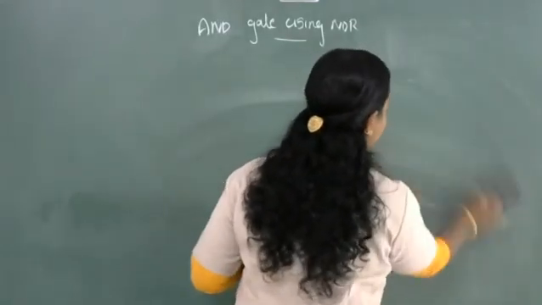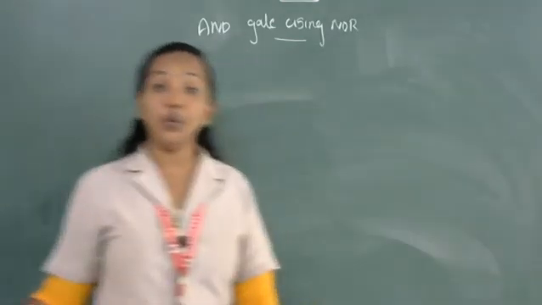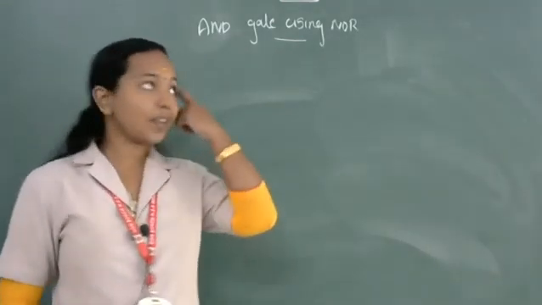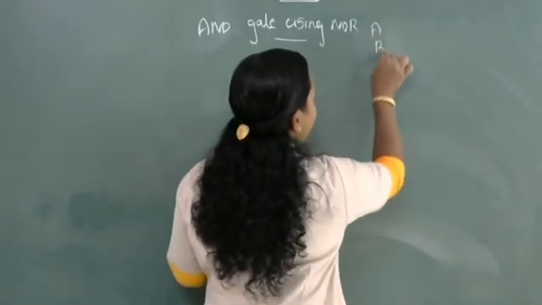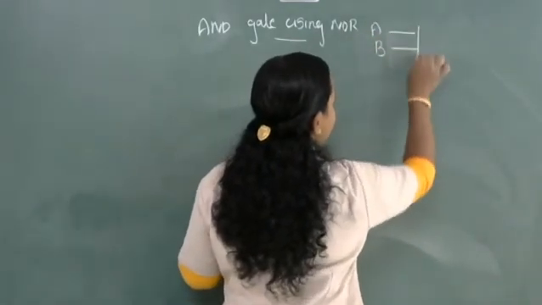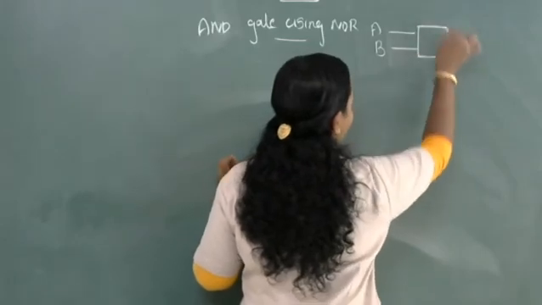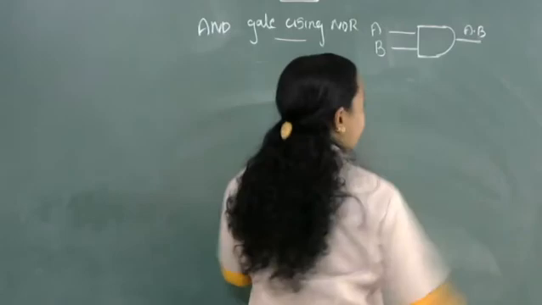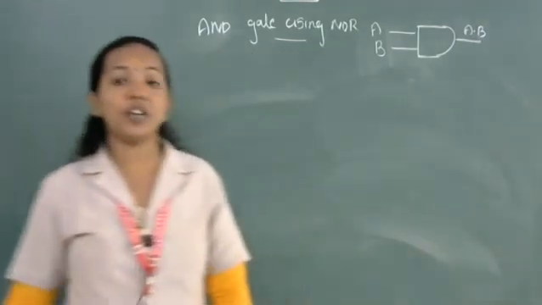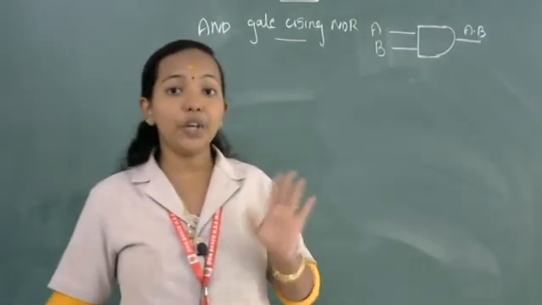If A and B are two Boolean variables, after the AND operation we will get A dot B.